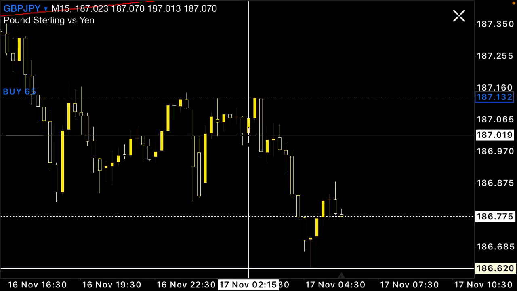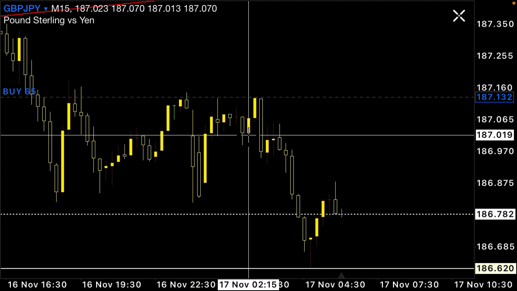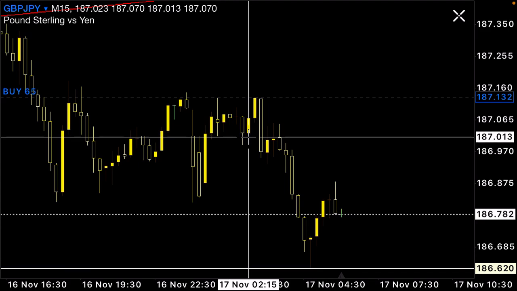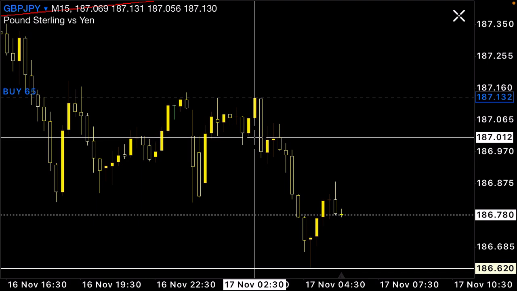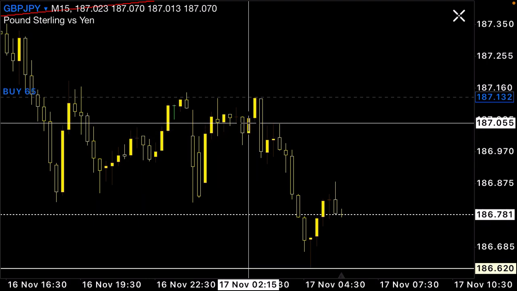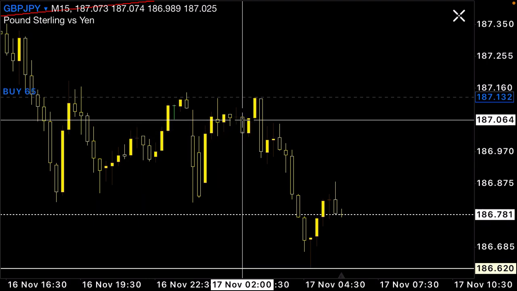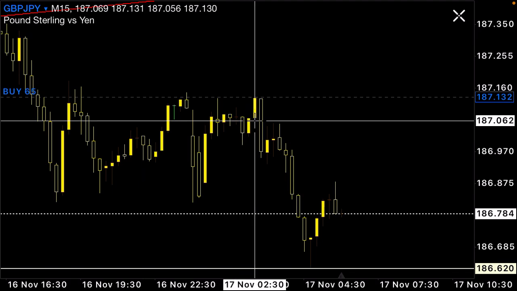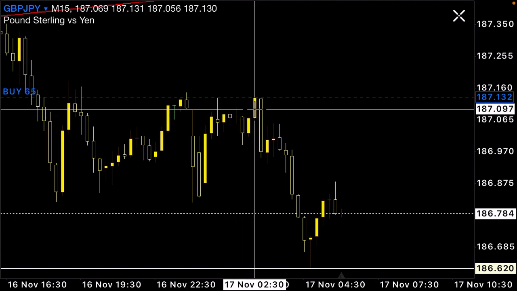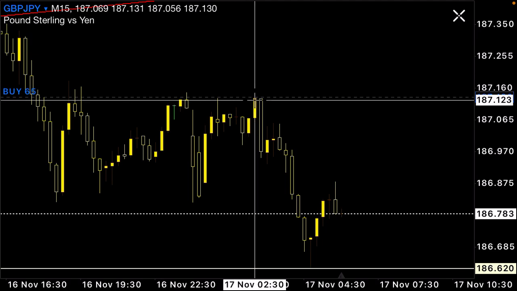And then the next one, the white one, for the next 15 minutes, it went up. And then it stopped right there. And then the next 15 minutes, it went up again, and then it stopped right there.